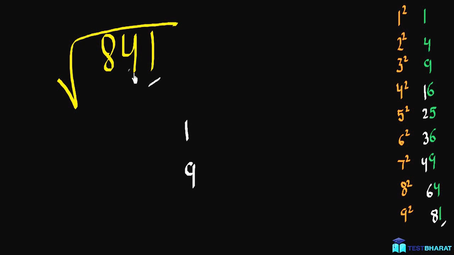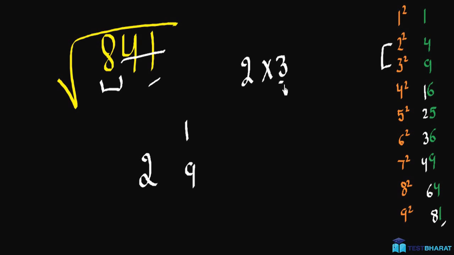But for the tens place, I'll see where the 8 is lying. 8 is lying between 2 and 3. So I'll pick up the number which is lower. So 2 is lower than 3. So I'll pick up 2. Now I'll do the same thing. I'll multiply 2 with 3 because 3 comes after 2, and the result is 6.